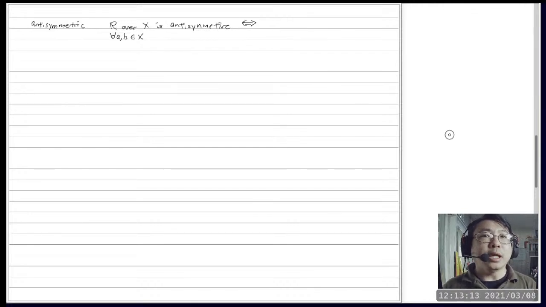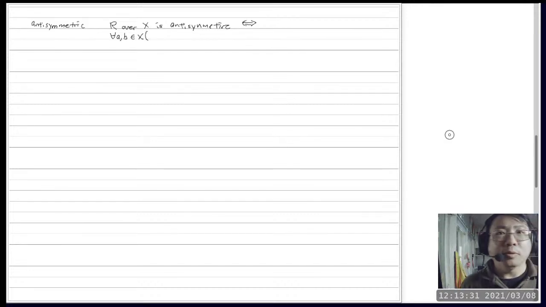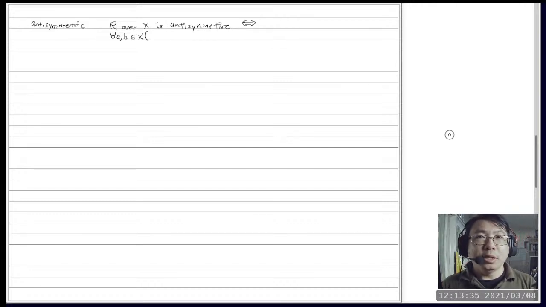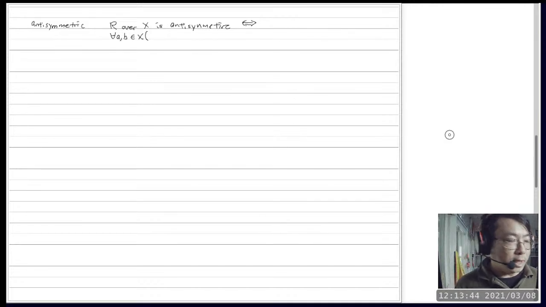So we're considering all possible ways of choosing elements in X. We want to have one element bound to a, we want to have one element bound to b. They can be the same, they can be different, it doesn't really matter, okay? So what really is important is the Boolean expression inside the parentheses, because this is what we require regardless of how we choose a and b as elements of X.